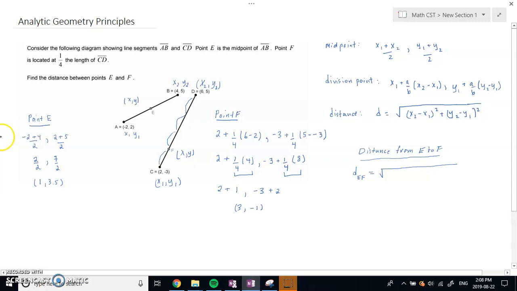And the reason is, if I was going from my house to your house and it was 2 kilometers, whether you started at my house and went to yours, it'd be 2 kilometers, or started at yours and went to mine, it would still be 2 kilometers. So distance, it doesn't matter what the order is.